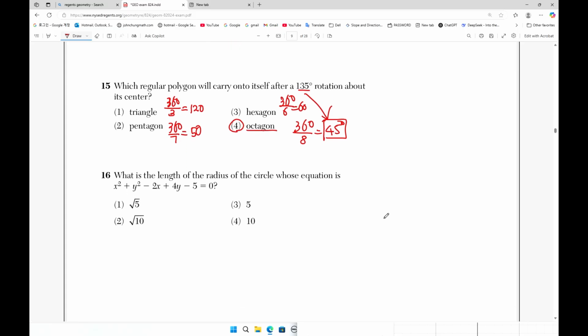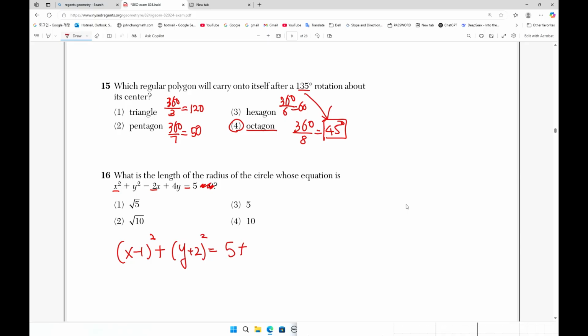Number 16. Okay, what is the radius? Now we're going to change into a standard equation, right? Minus 5 is equal to 5. So x squared minus 2x, you got this: x minus 1 squared. And plus y squared plus 4y is what? y plus 2 squared, right? So we got the 5.